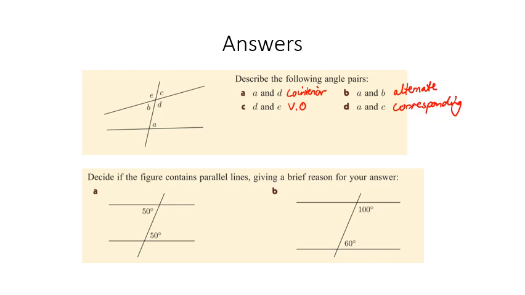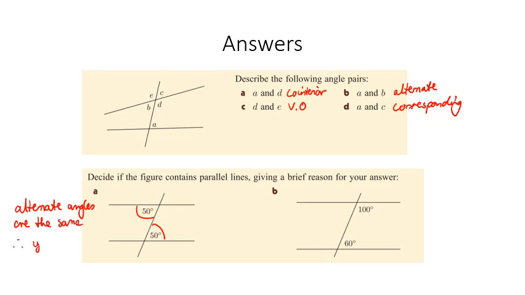Now my second few questions here, it says decide if the figure contains parallel lines. Well, in our first example, we've got alternate angles and it says they're both 50 degrees. We know that in parallel lines, alternate angles are the same or are equal.